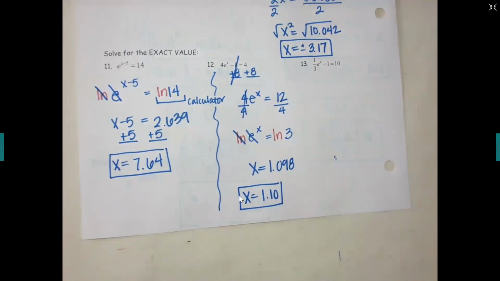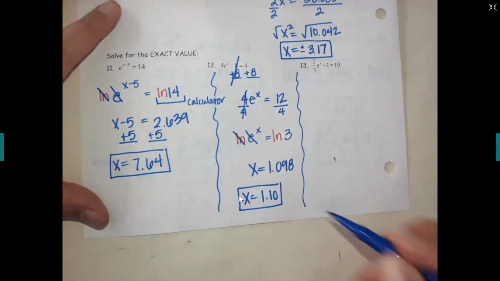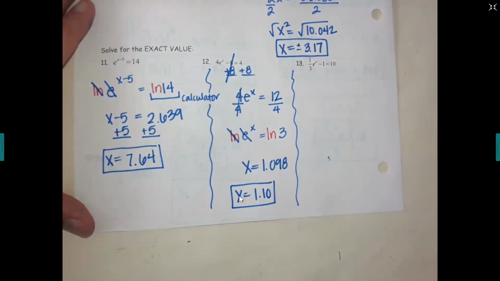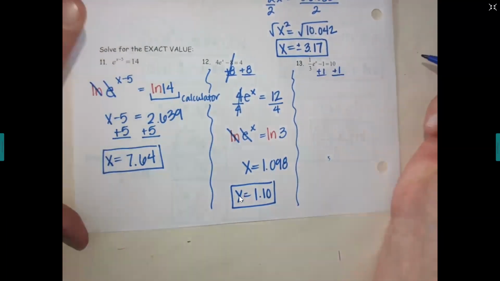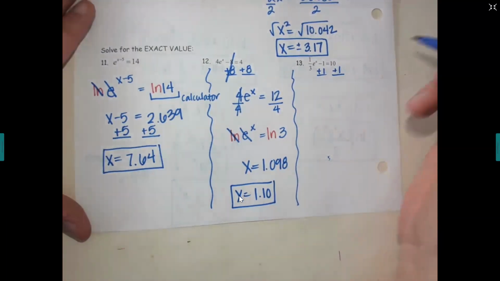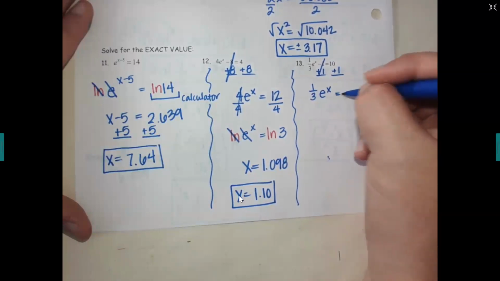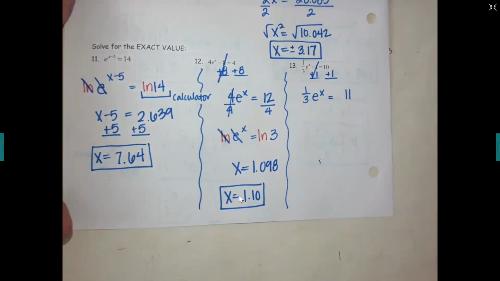All right, last question. Number 13, what do we do first? So I have a 1/3 and a minus 1. What do we get rid of first? Use the plus 1 first. What is 10 plus 1? Okay, so I have 1/3 e to the x equals 11. 1/3 is to divide by 3.